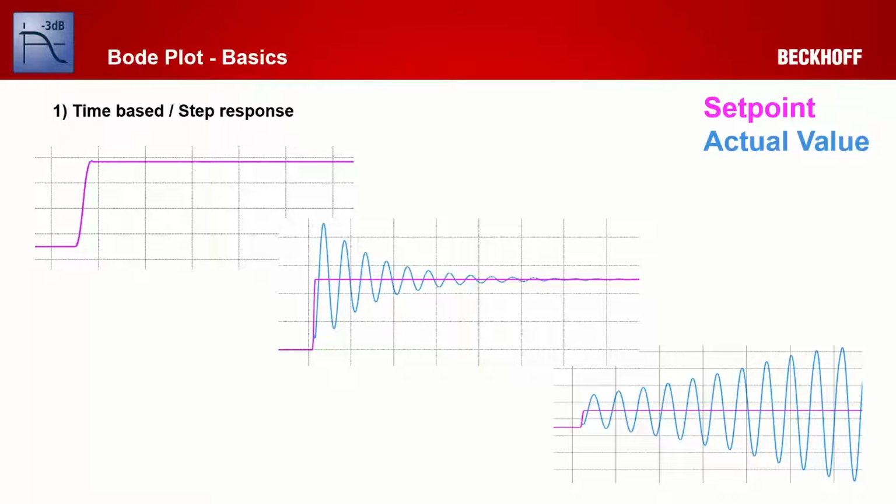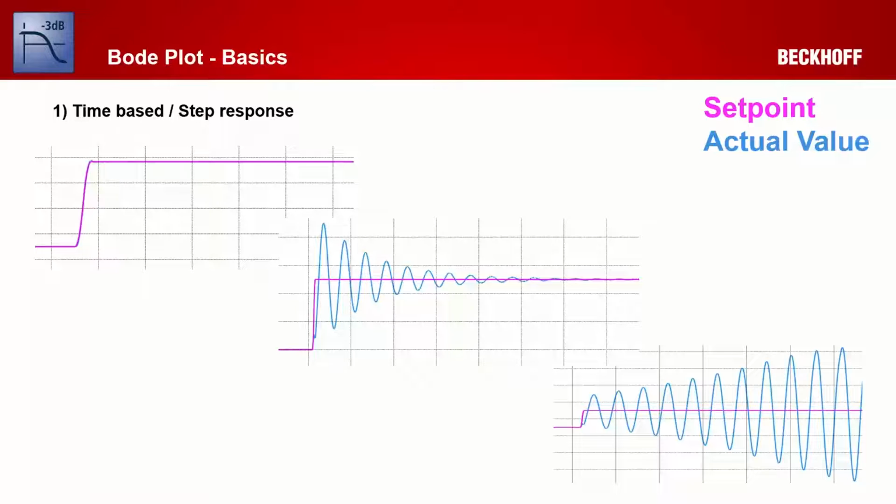There is an oscillation. It is a stable oscillation, but there is an oscillation, and the reaction or the behavior of the system is not nice. On the very right side, there is another oscillation, and this is an unstable oscillation. The oscillation is getting higher and higher, and the system is out of control.